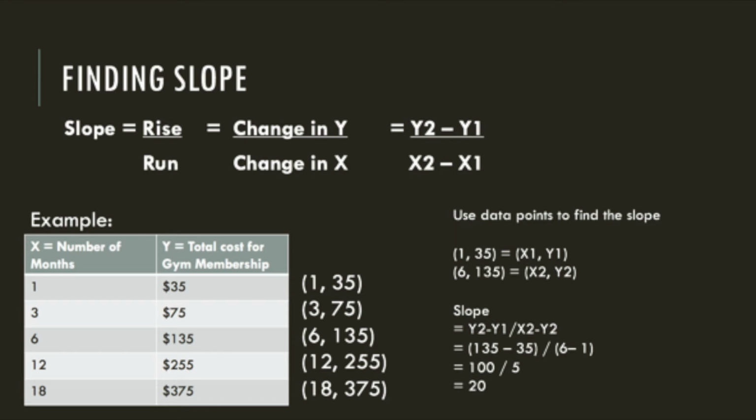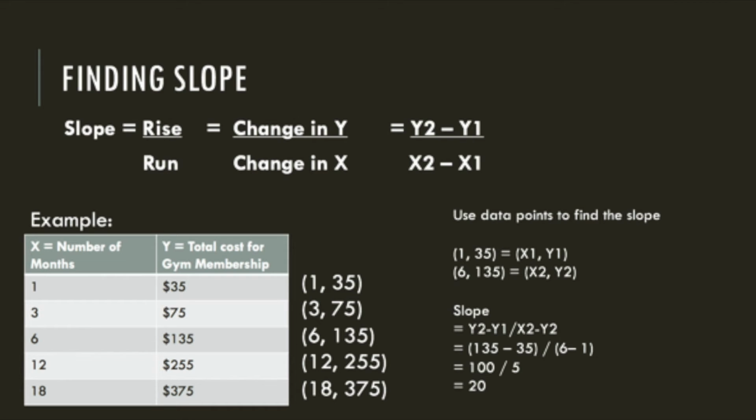We are now going to try an example. First, we are going to find the slope. The formula for slope is y2 minus y1 divided by x2 minus x1. First, choose two data points from the chart.